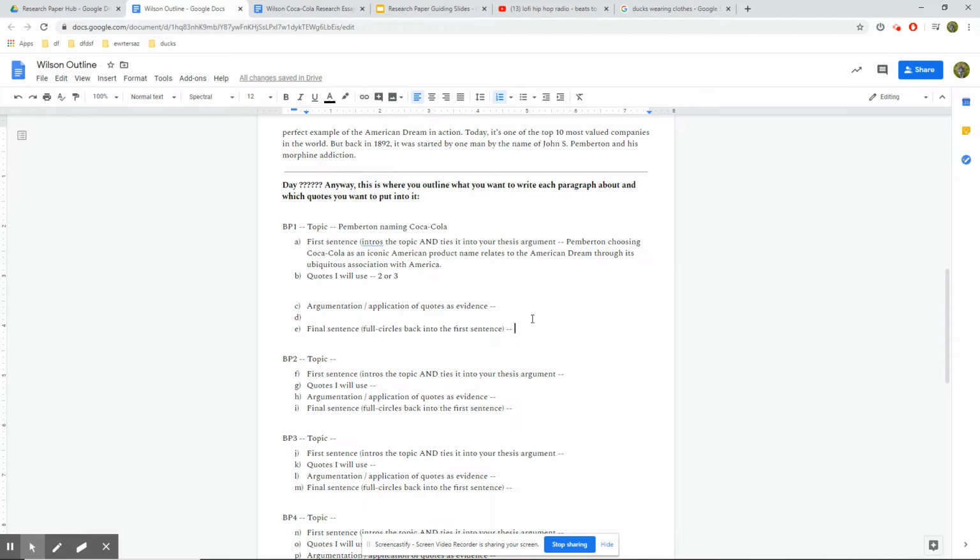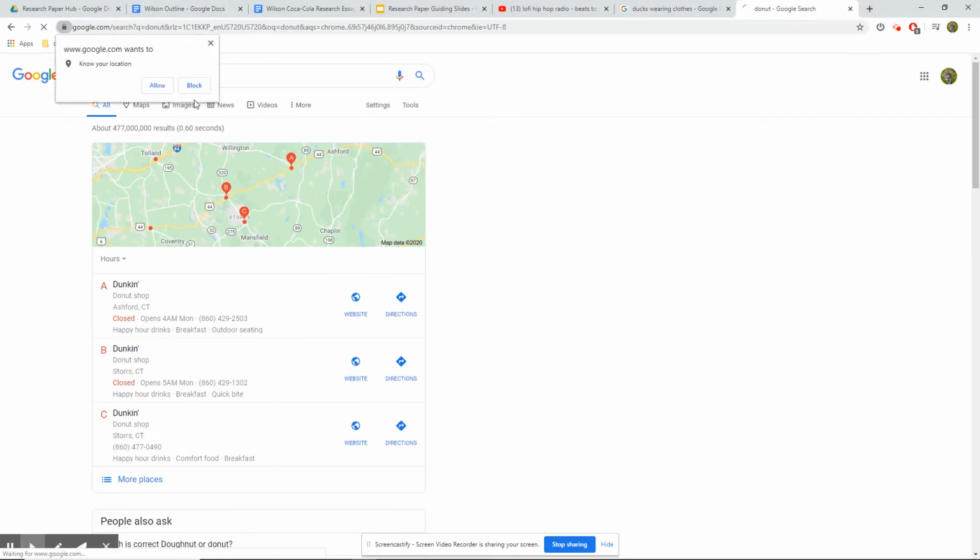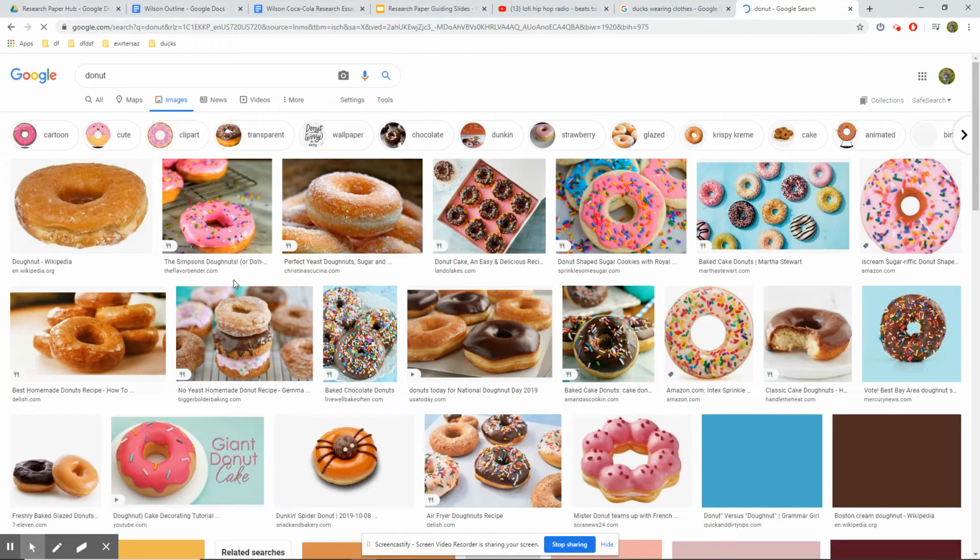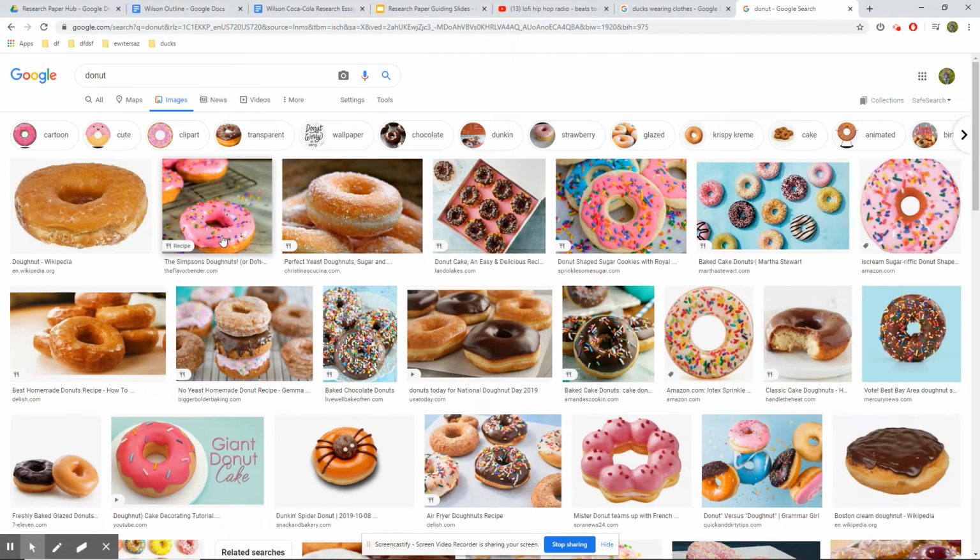So, you know how the introduction's like a funnel? Well, in a body paragraph, it's a little bit like a donut, okay? So you start here, and you bring in all some nice, delicious, wonderful sprinkles, sugar, it's fried, love it, but then you full circle all the way back to the thesis argument that you started with.